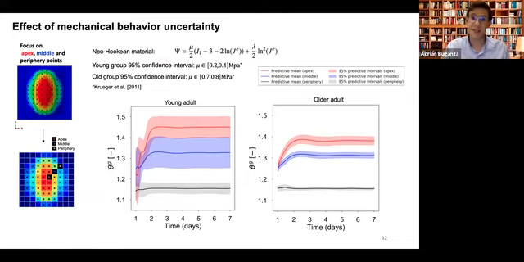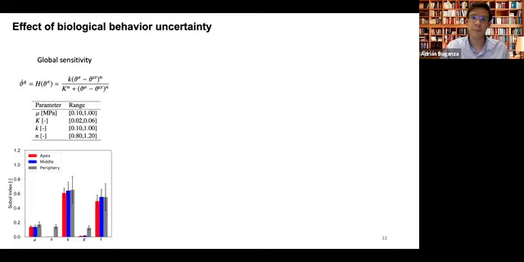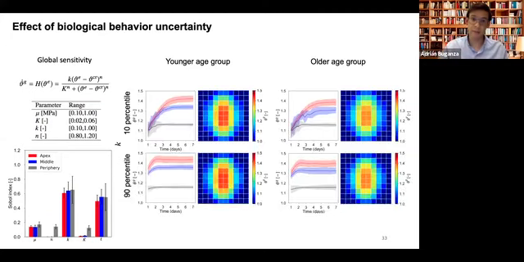We can do a sensitivity analysis, and that shows that the growth rate is the most critical parameter, and we can also propagate that through the surrogate. And then in this case, the growth rate data actually is the one that we calibrated from the previous porcine data.